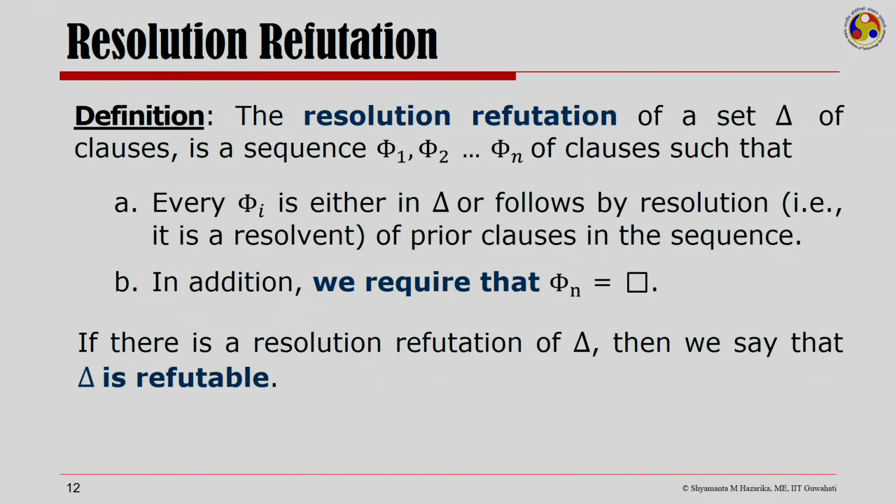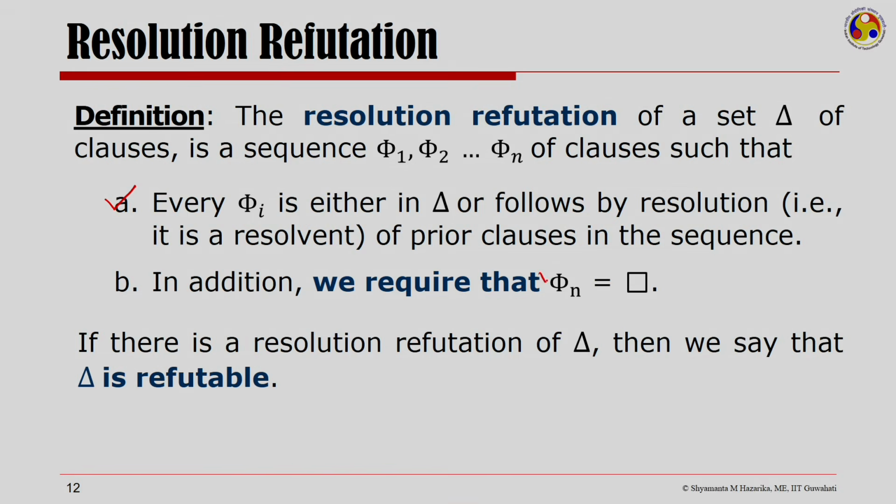Now, having introduced the concept of a derivation and a trace, I would introduce what is resolution refutation. So, the resolution refutation of a set delta of clauses is a resolution derivation, that is a sequence of phi 1, phi 2 up to phi n of clauses, such that every phi i is either in delta or follows by resolution, that is, it is a resolvent of prior clauses in the sequence.